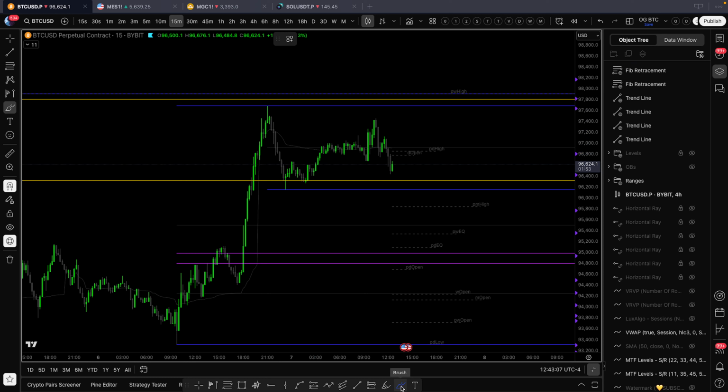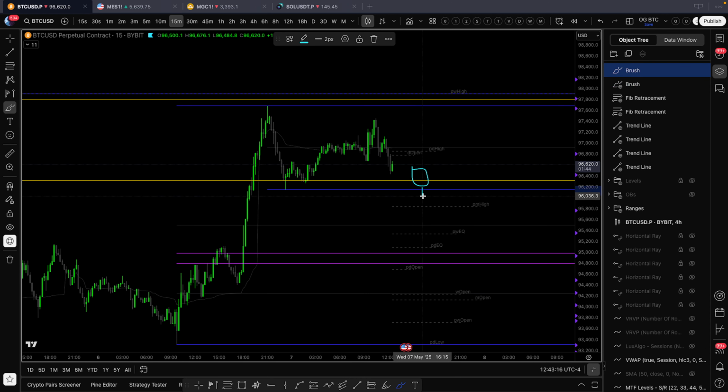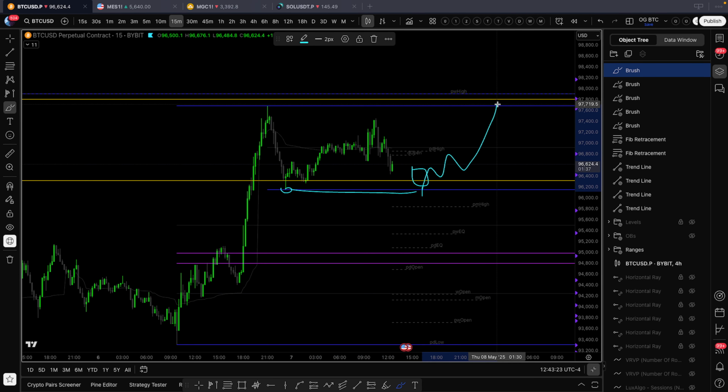So if we don't have a break, like the scenarios I was telling you about, we could see a candle and a shallow wick go below this wick, and that would be your SFP. And you'd wait for this to happen. Same thing to the upside.